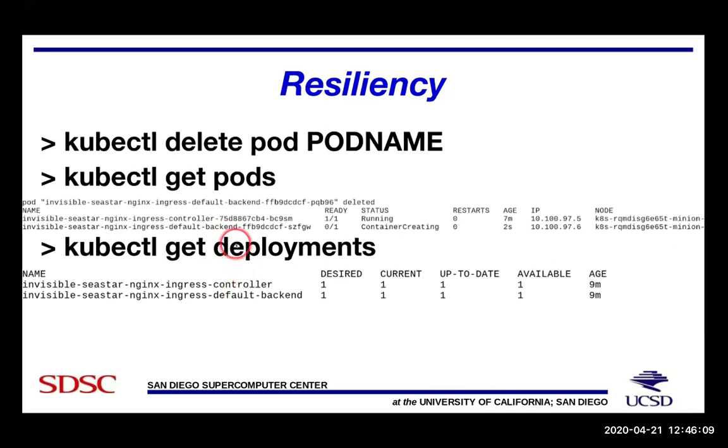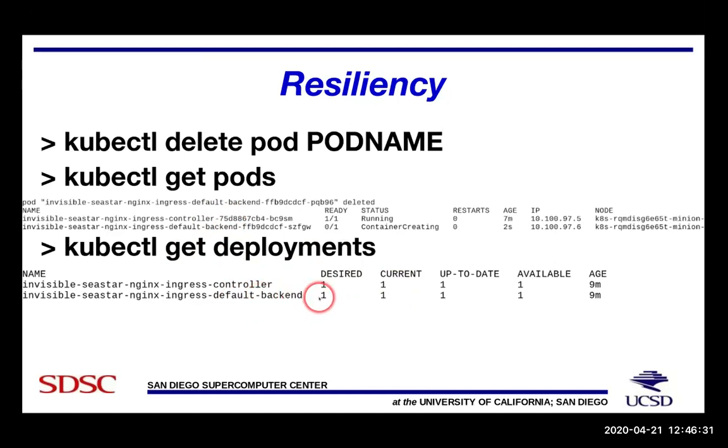Instead of creating a pod directly, we can create a deployment saying we want to have one instance, one container, of both the controller and the backend running all the time.